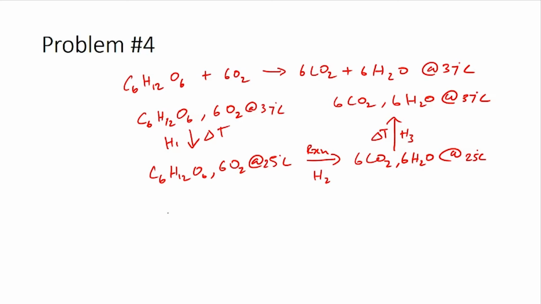Let us see how we go about solving this problem. H1 would be equal to 2 things: one is glucose being cooled from 37 to 25, and the other is 6 moles of oxygen being cooled from 37 to 25.